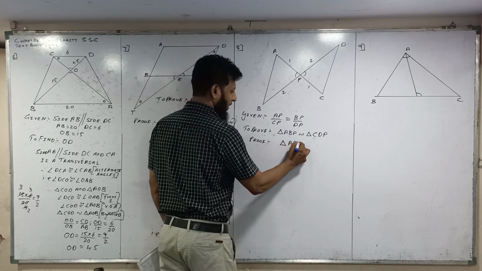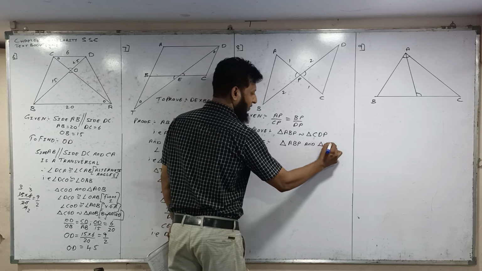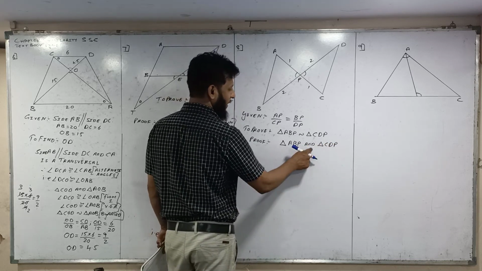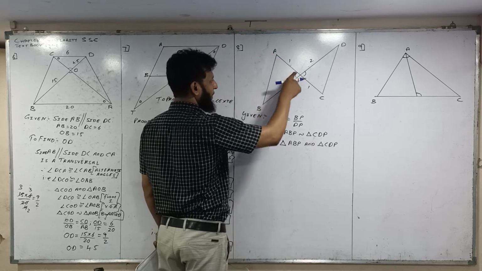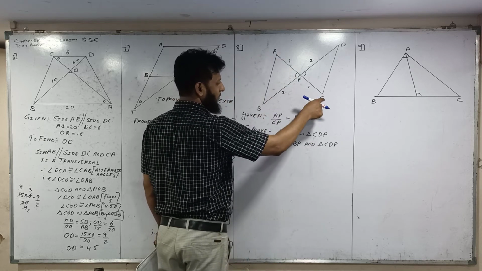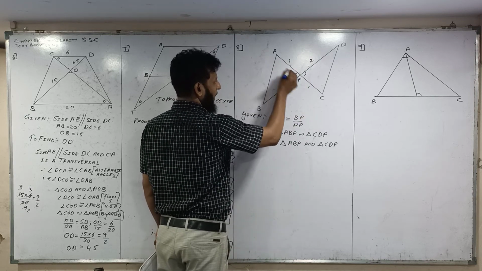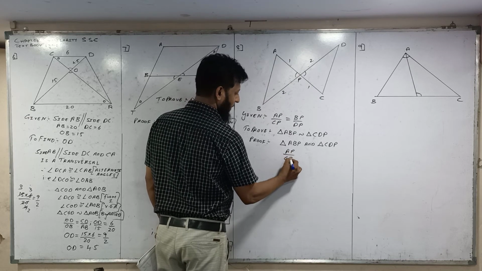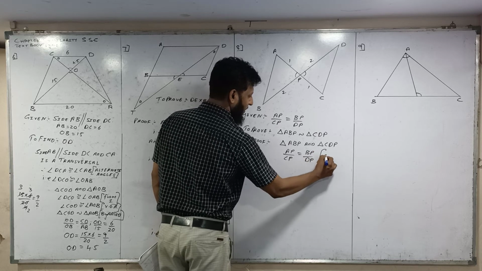Take this triangle ABP and triangle CDP. After proving it, we'll write similar. First we have to write this triangle and this triangle, and in triangles ABP and CDP, you can see the proportion: AP upon CP equal to BP upon DP, given.